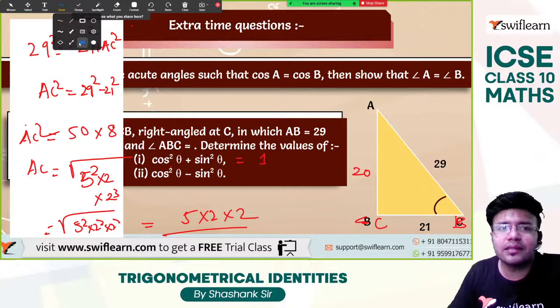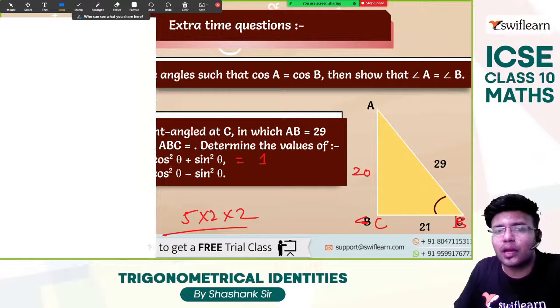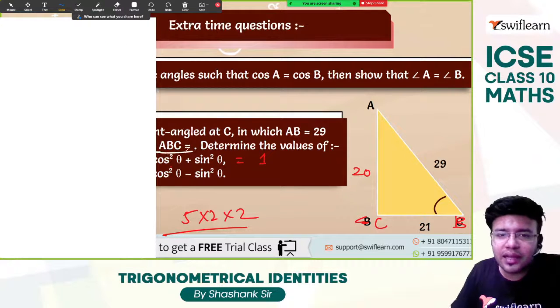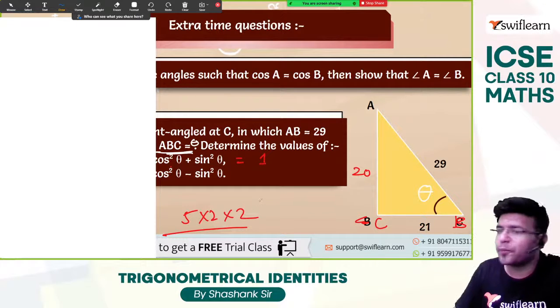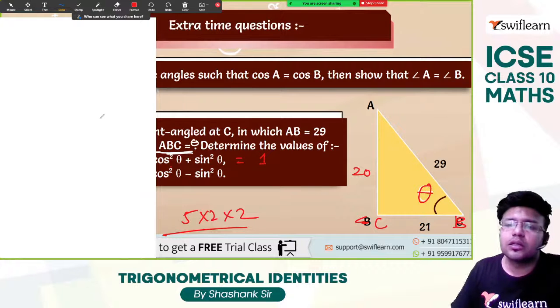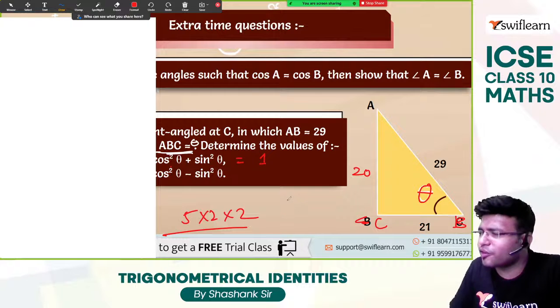Now find sine square theta plus cos square theta. What I guess is they wanted to say angle ABC is equal to theta. They forgot to mention this as theta, a typing mistake. So find sine square theta plus cos square theta. We know from the identity that sine square theta plus cos square theta is 1.